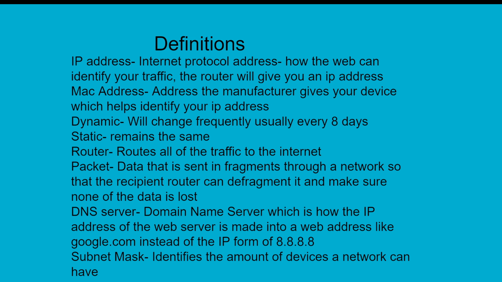We're going to have a network portion and a host portion, so let's take a look at this right now. This is the IP address right here, 192.168.0.2. On the left is our network, highlighted in blue, and on the right is our host or device, which is .2.